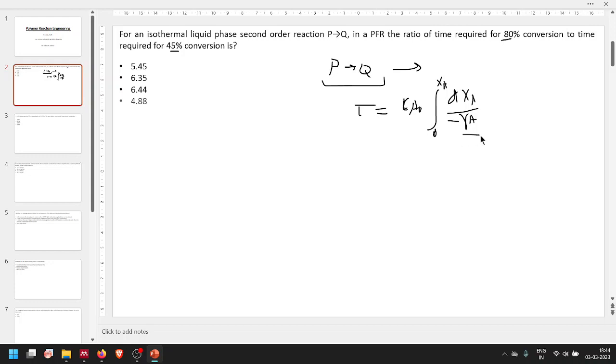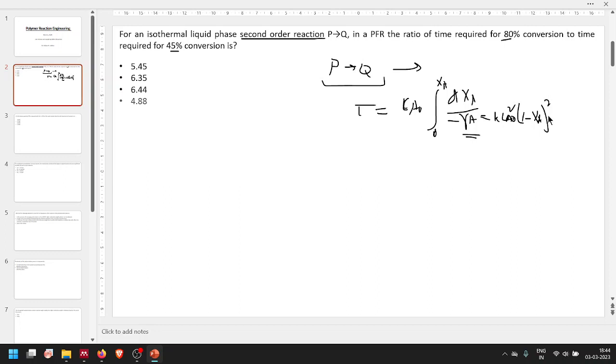So here, as you can see, ra is your rate term. Here we can observe that this is a second order reaction, so we will be adding the rate equation for a second order reaction in this place, and then we'll be equating this with respect to the conversion which is occurring inside.